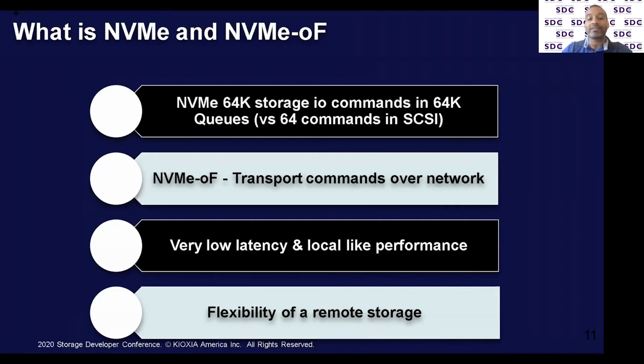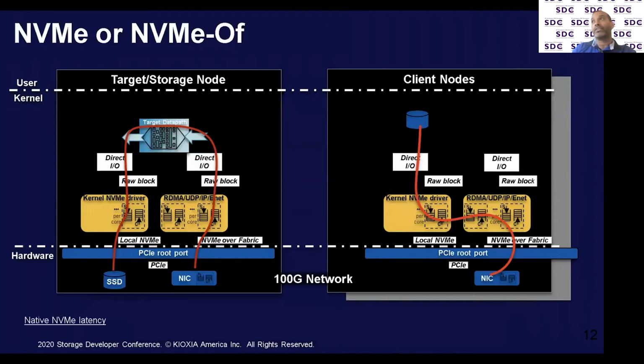So this gives us very low latency when storage is across the network, when you carry NVMe over Fabric commands across the network. Very low latency and local-like performance. The performance is like if you are connected to a local drive. But you're on a network, so you get the flexibility of remote or network storage, but with local-like performance.